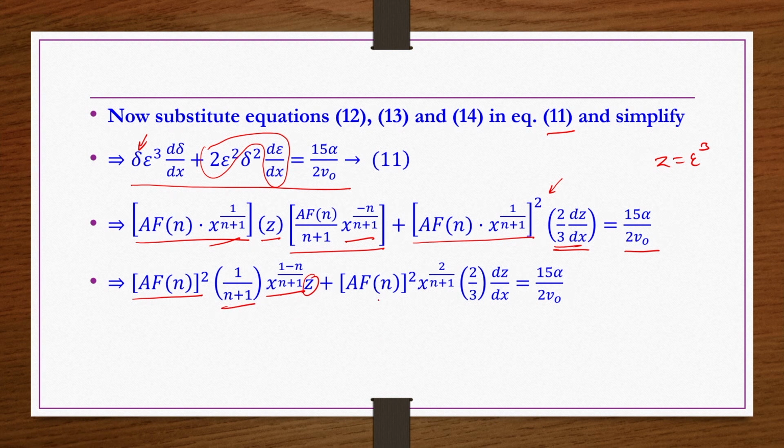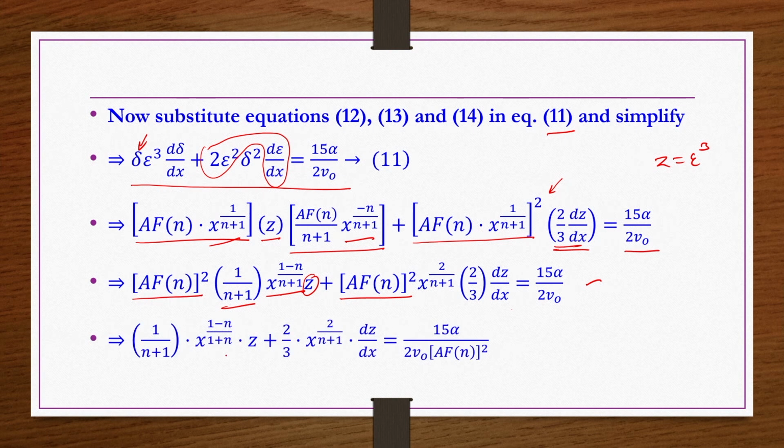Here A Fn whole square we are writing, and then x power 2 by n plus 1 times 2 by 3 dz by dx, right hand side as it is. So, next step, this A Fn whole square we have taken to the right hand side, remaining terms as it is. Now, in the next step I want only dz by dx in this equation. I do not want any multiplication on the dz by dx term.